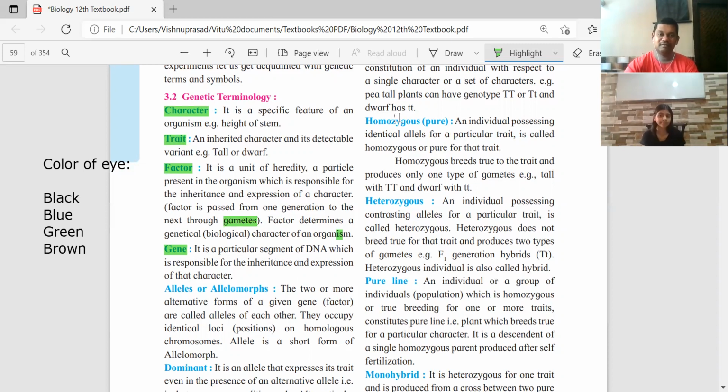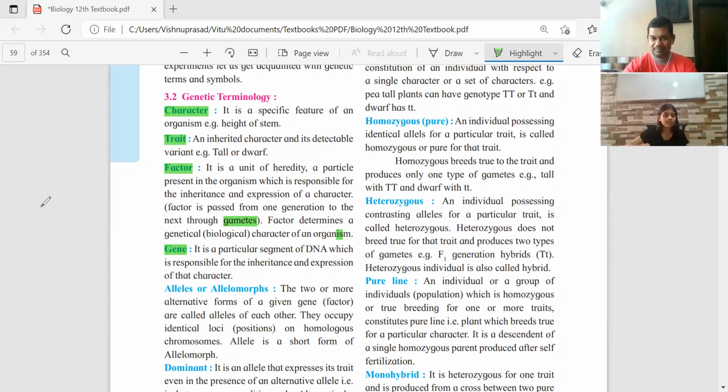Now understand this. When we say genes code for some characters, it's not necessary that there will always be one gene for one character. Sometimes, most of the time, it is two genes. I'm just denoting a gene like this.